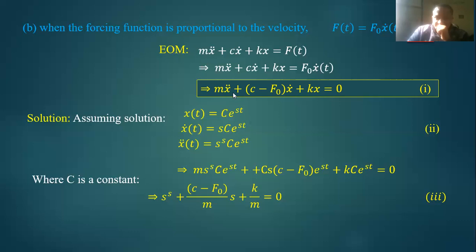Therefore, m x double dot plus (c minus f naught) x dot plus k x is equal to 0. Assuming a similar solution as the previous, we have this relation: s squared plus (c minus f naught over m) s plus k over m, which is equal to 0.